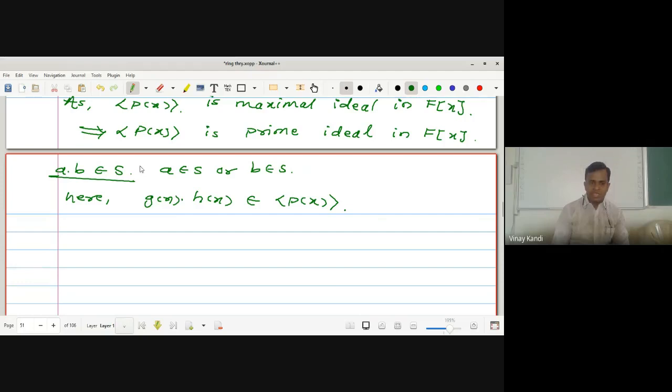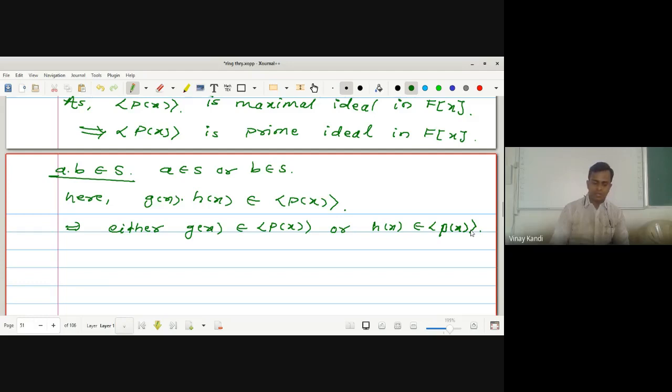So we get that either G of X or H of X belongs to the ideal generated by P of X. That implies either G of X belongs to the ideal generated by P of X or H of X belongs to the ideal generated by P of X.